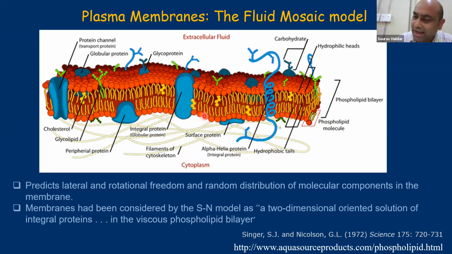And this is, I wouldn't say a drawback, I would say that enough data by 1972 was not available, and so Singer and Nicolson could not capture that feature in their model. But subsequently, as we learned more about how the cytoskeleton, for example actin and spectrin, modulates membrane organization, we have taken care of that in the subsequent models.